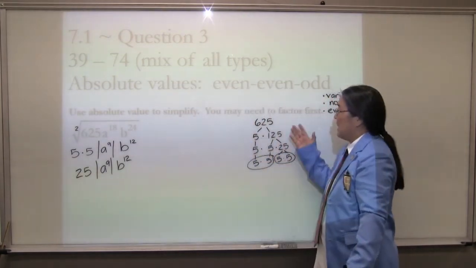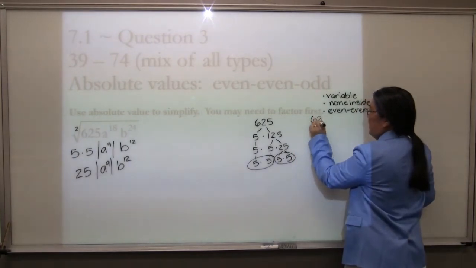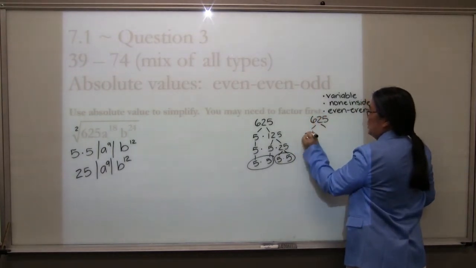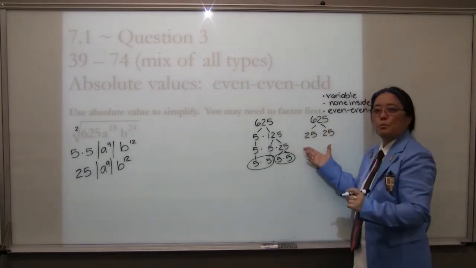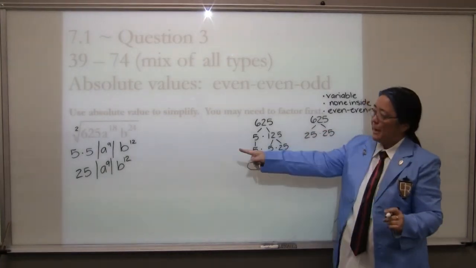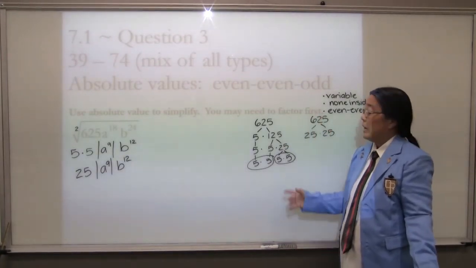All right. Now, let's say that you did know that 625 broke up into 25 times 25. You don't have to keep breaking it up, because we have a pair, bam, it can come out immediately as a 25. You don't have to show the extra work.